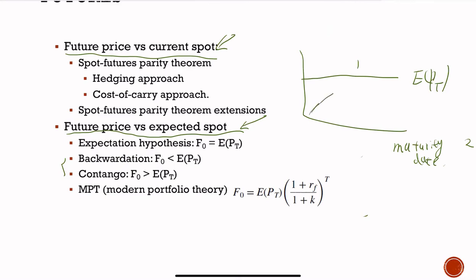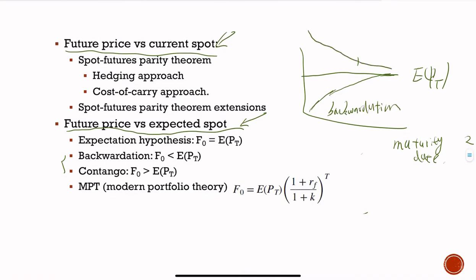However, as the futures approach maturity, the futures price should be the same as the expected spot price, right? Because we have learned the convergence property. That is, on the delivery date, the futures price should be the same as the spot price. So this is the case of backwardation. And then this is the case of contango.